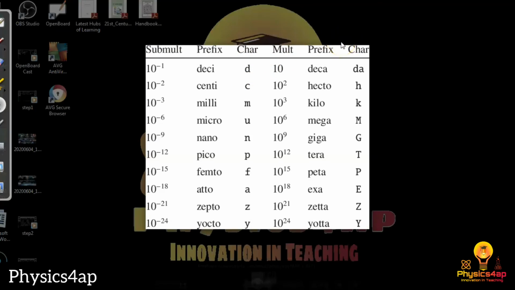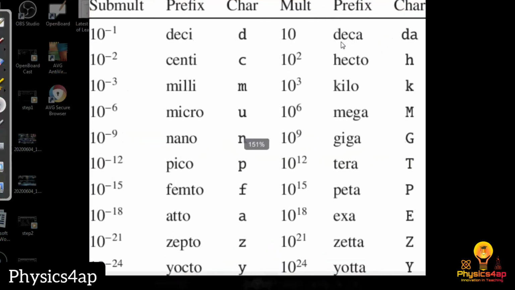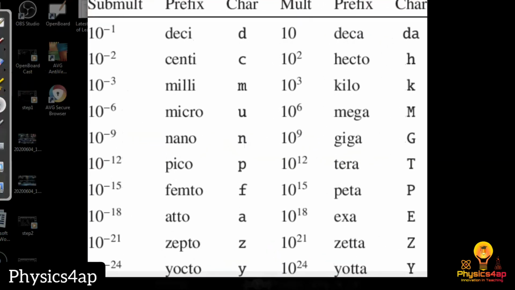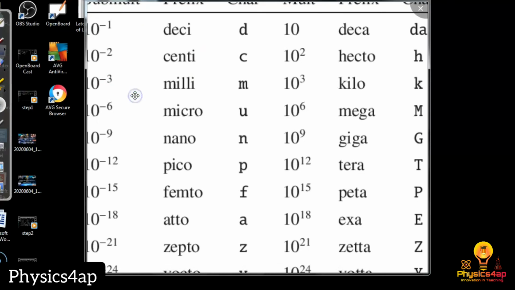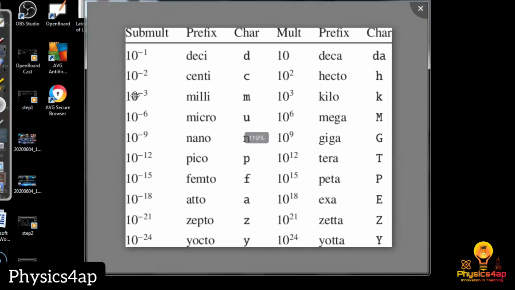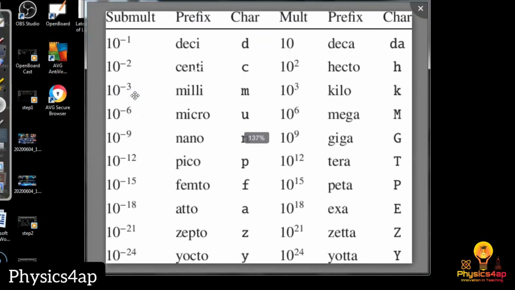This is a multiple and submultiple box. So submultiple, that means we have 10^-1, that is deci. 10^-2 means centi. 10^-3 means milli.